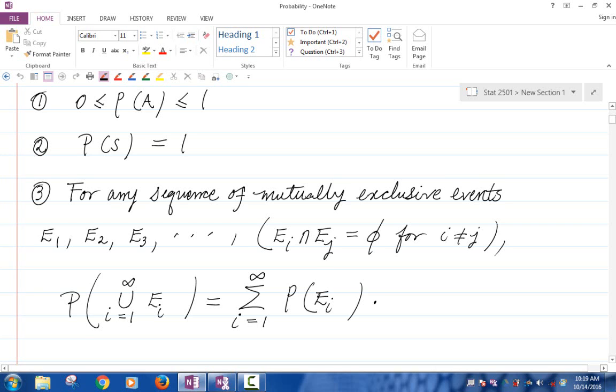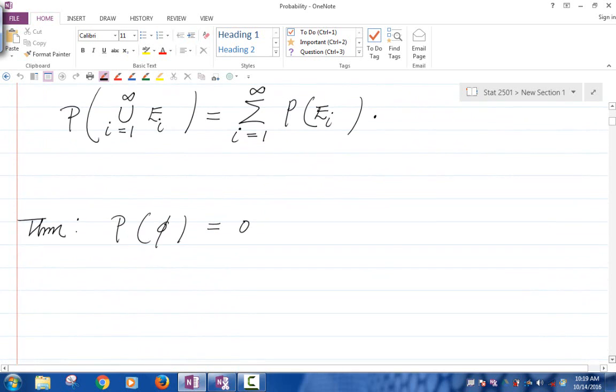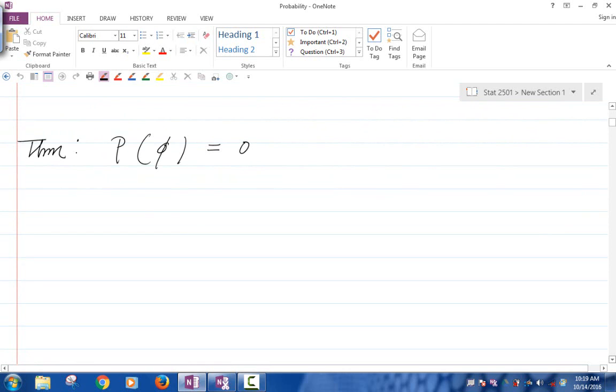Is that making sense? So, based on these three assumptions, there are some immediate consequences that we can write out.